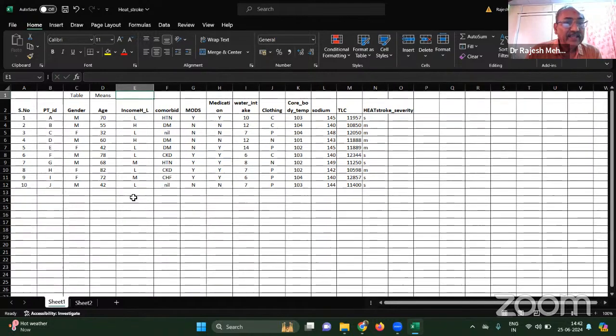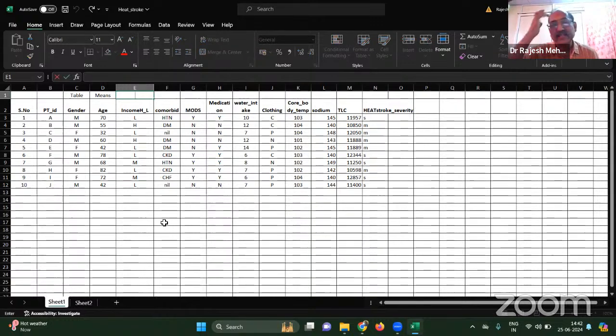This is income, higher, lower. Actually, if it is taken in terms of per capita income, it is quantitative data, but because it is higher, lower and middle, we consider it as a proportion and will be applying table. But in your research study, try to avoid this kind of category.